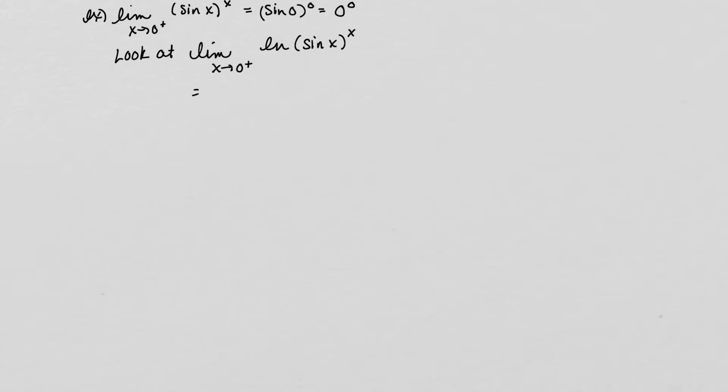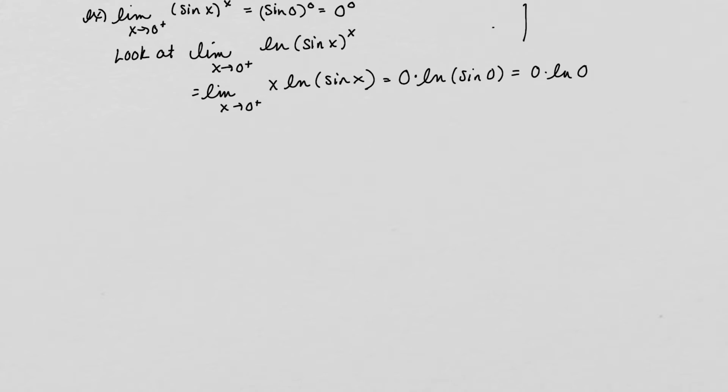So the first thing I'm going to do is pull that x down in front. So we have x ln sine x. And so now if I try to plug in, we end up with 0 times the natural log of the sine of 0. Remember, the sine of 0 is 0, so we have 0 times the natural log of 0.